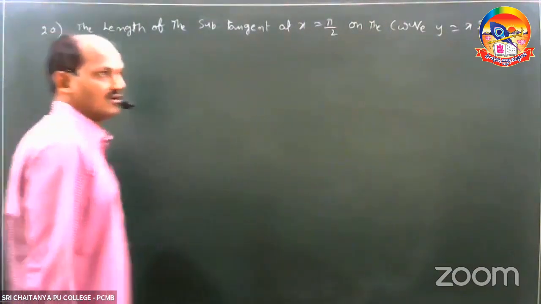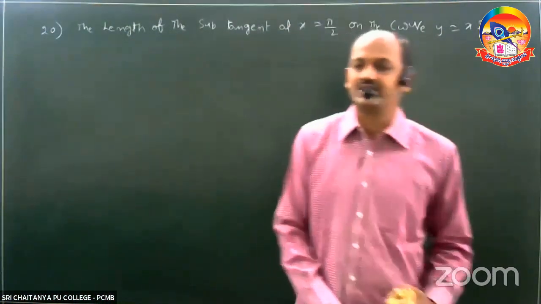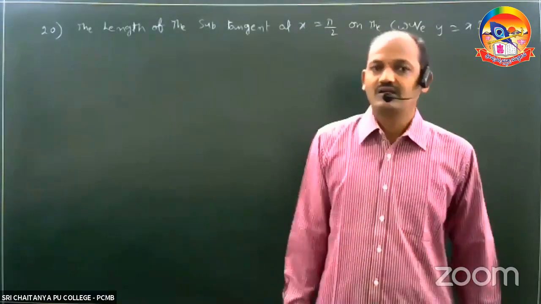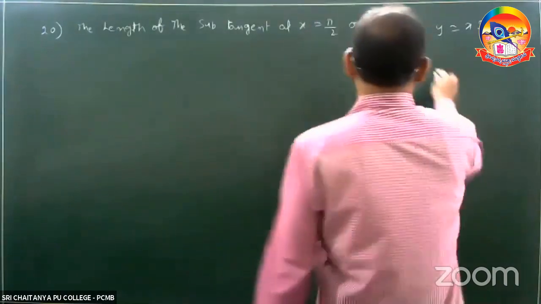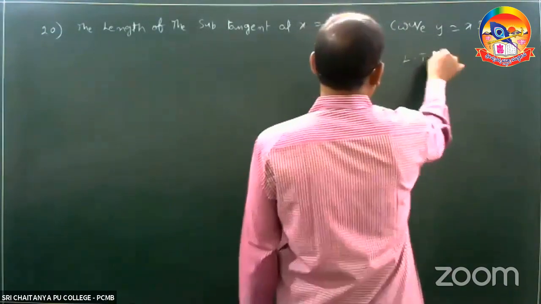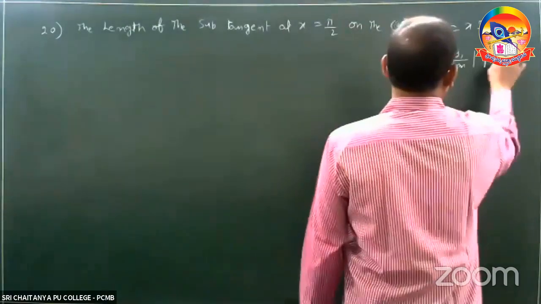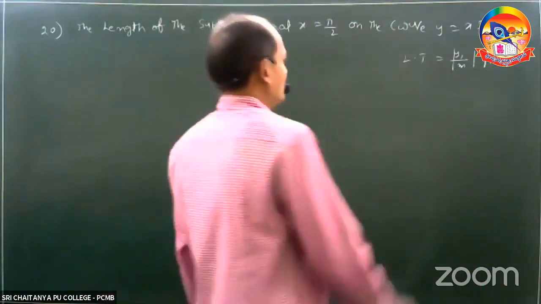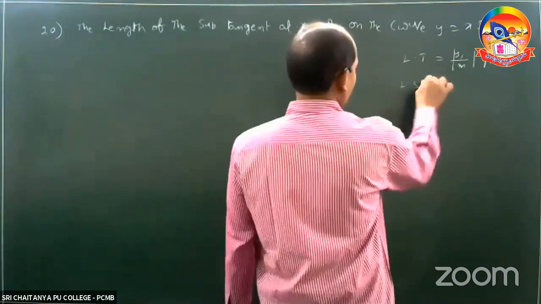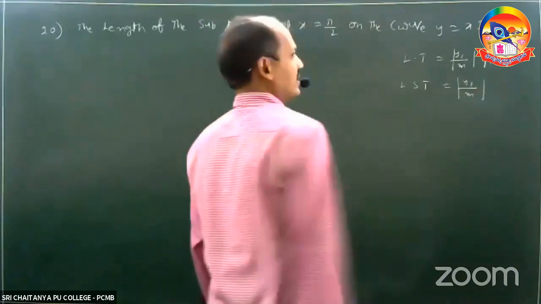Okay? Already yesterday we discussed length of tangent, length of subtangent, length of normal, length of subnormal. What about the length of tangent formula? It is modulus of y1 by m root of 1 plus m square. So length of subtangent is modulus of y1 by m.